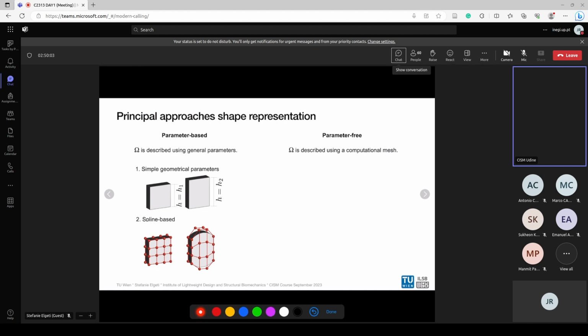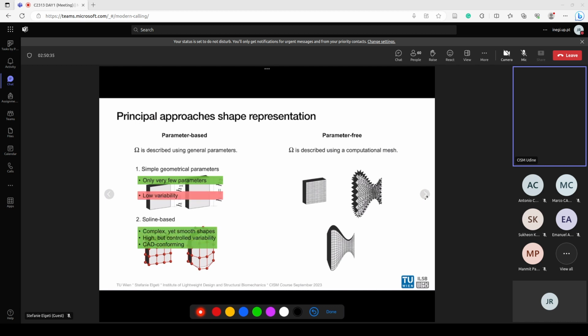Of course, one can argue whether this is really parameter-free, because the coordinates of the nodes will then be the parameters, but there's no reduced parameter set. Because we have so many parameters, this is really prone to oscillations, so you will need to perform some kind of filtering in order to obtain a smooth shape.